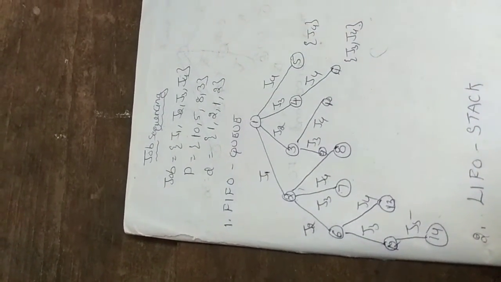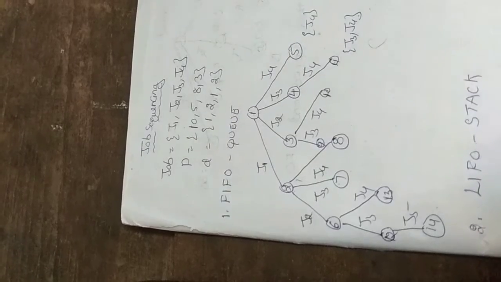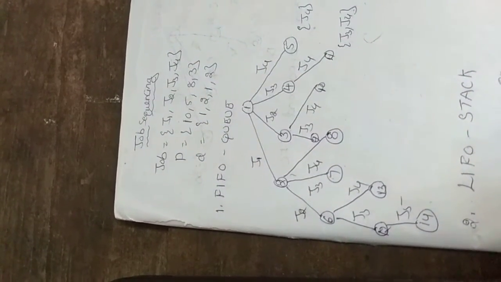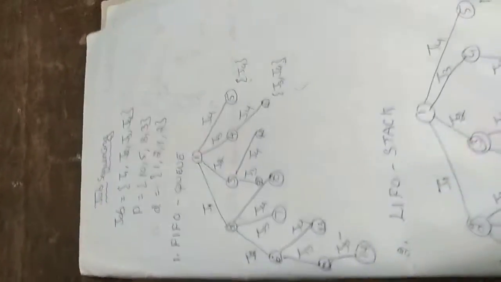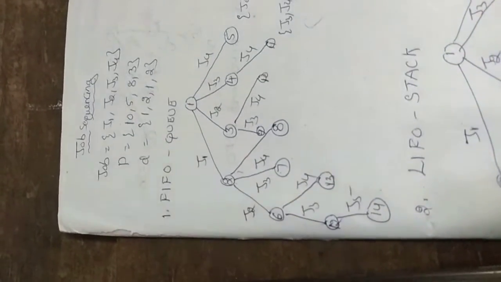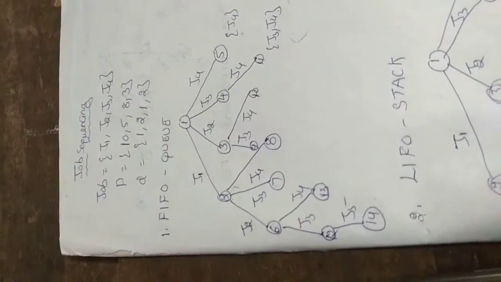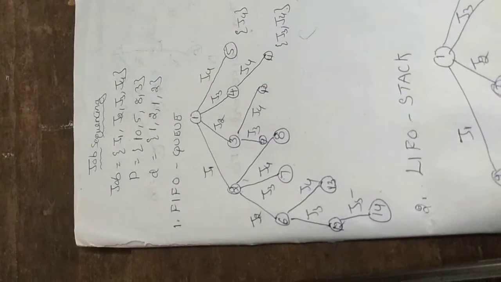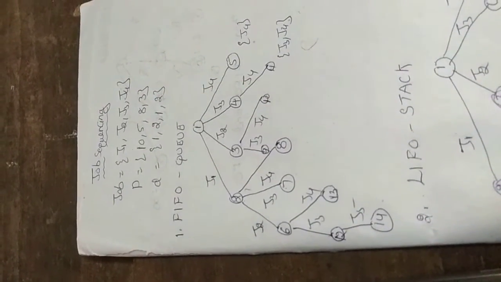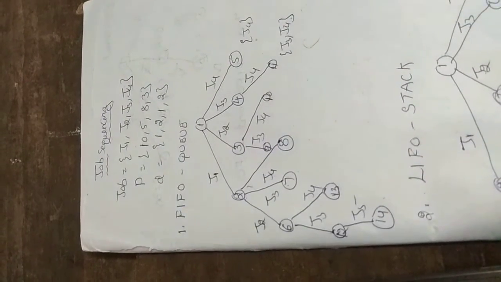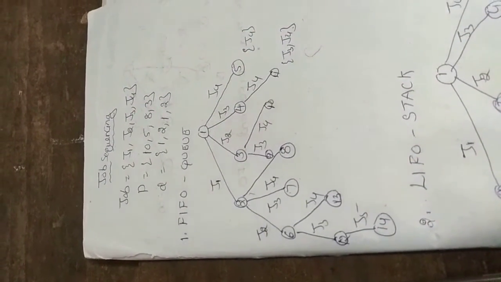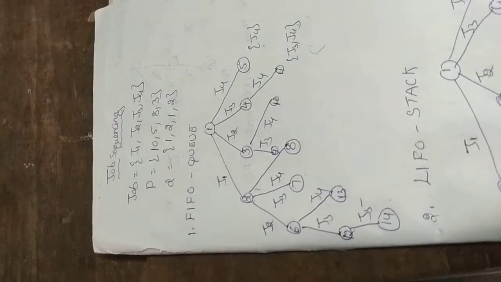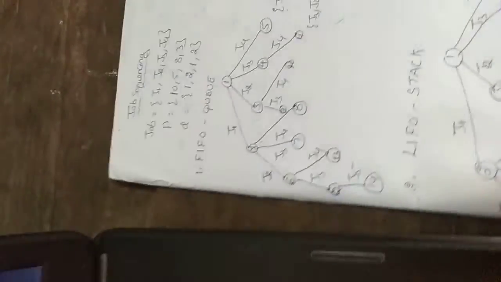After exploring 3, we will explore 4, 5, and then 6, 7, 8 like this. Here each leaf node represents the jobs that have been included. The first branch represents the solution J1, J2, J3, J4, the second includes J1, J3, the third one is J1, J4, and so on. So this is the FIFO search.